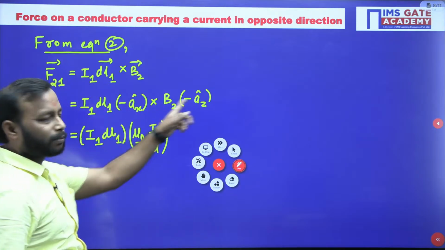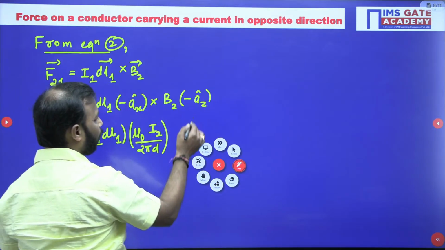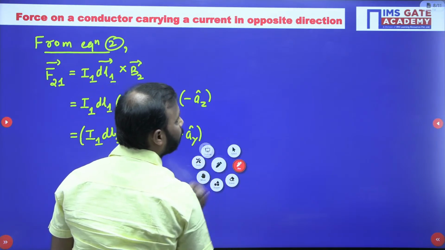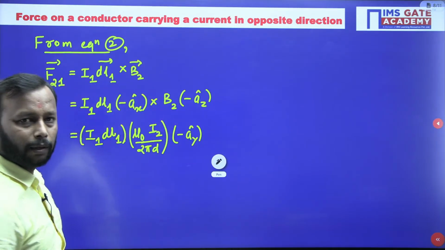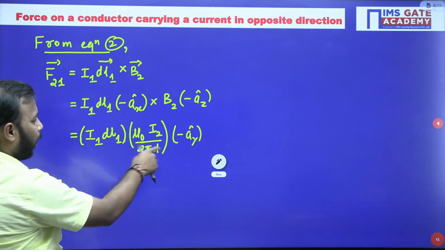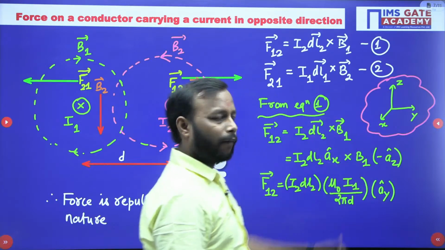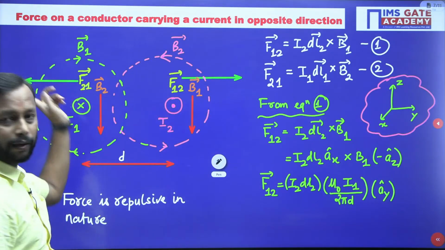And minus AX cross minus AZ will be AX cross AZ, which is nothing but minus AY cap. So it is clear that minus AY means towards the left-hand side. That is what we were getting, towards the left-hand side.